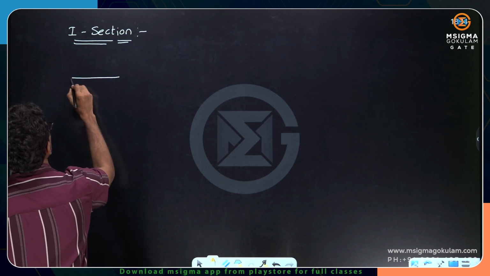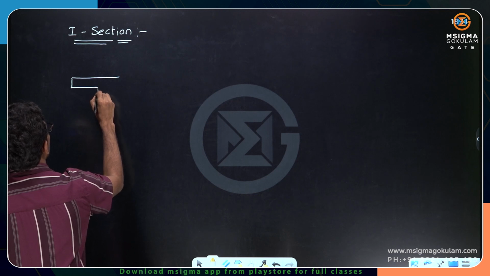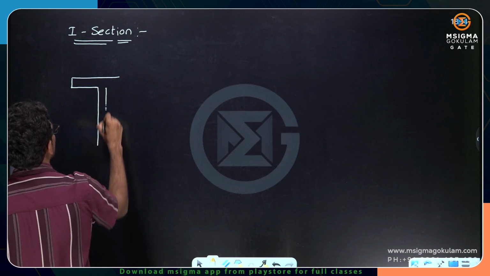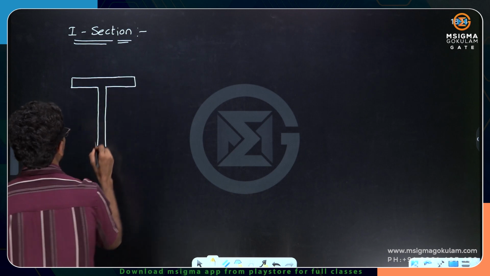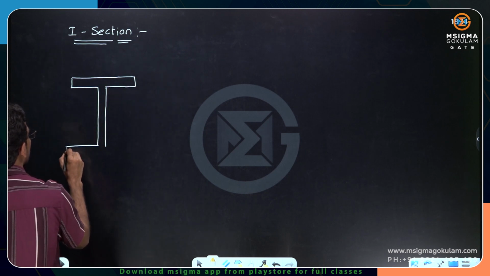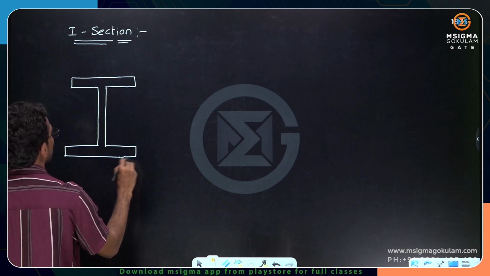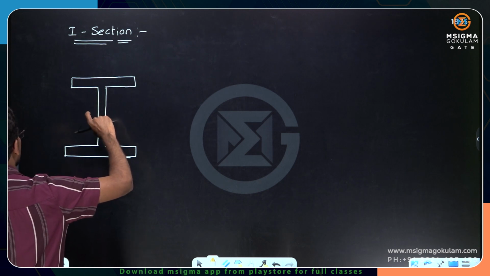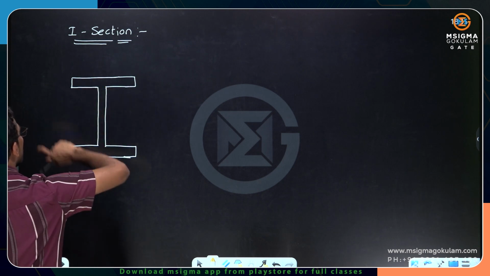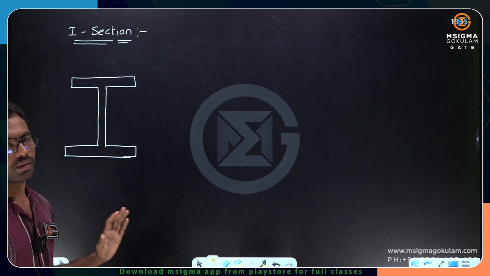Theoretically we can have an I section something like this. This is one flange, this is the other flange, and this is the web. These are the two flanges and the middle one is the web. This is how people draw the I section generally on paper.